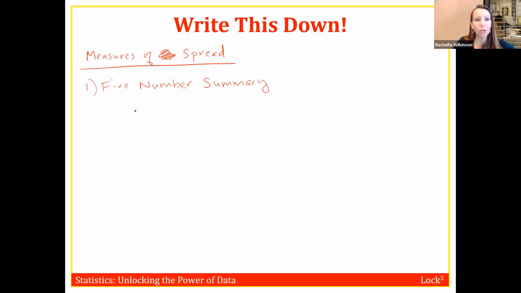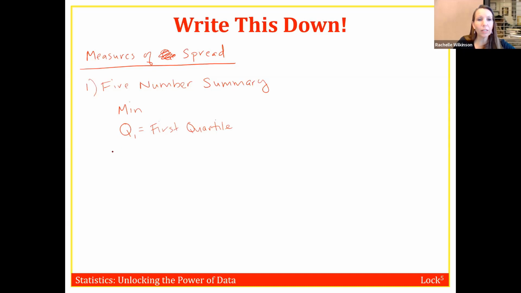So the 5 numbers that are part of the 5-number summary are, first of all, the minimum, which is just the smallest number in the data set. Then we have Q1, which is also called the first quartile. And we'll talk about what that is in a second.